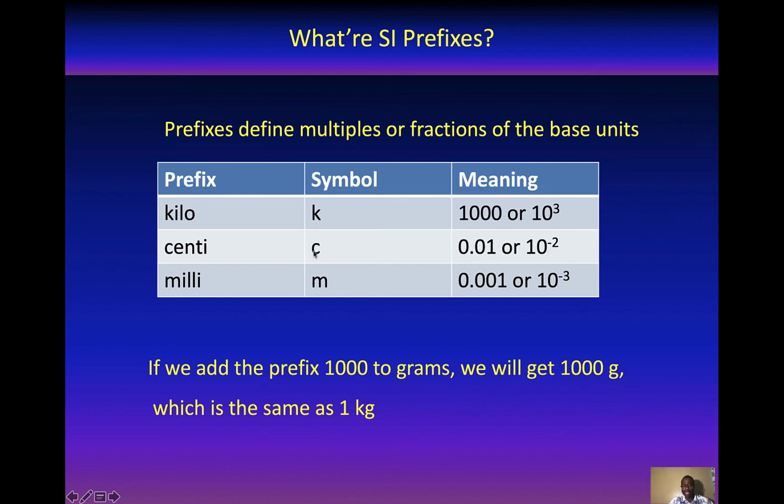And 1000 means kilo. So, which means that 1000 grams is the same as saying 1 kilogram. So, prefixes define multiples of fractions of the base units. And these multiples of fractions always vary by factors that are powers of 10. Okay, so that is why it's always easier to interconvert between the SI units and the alternative units.